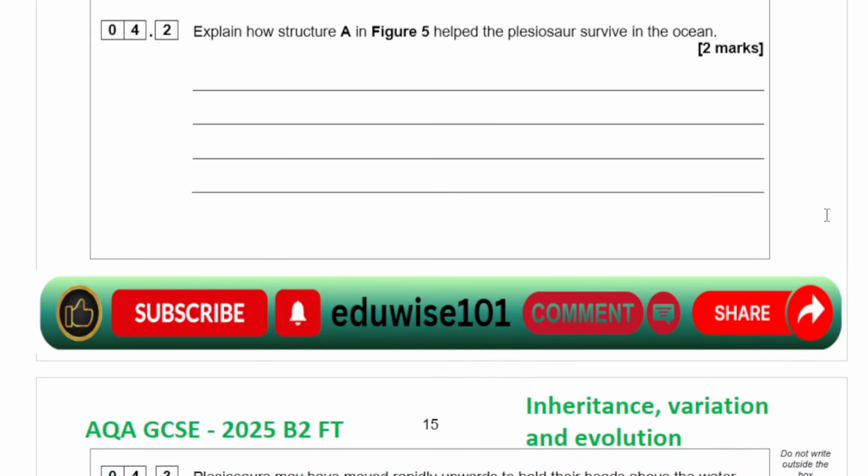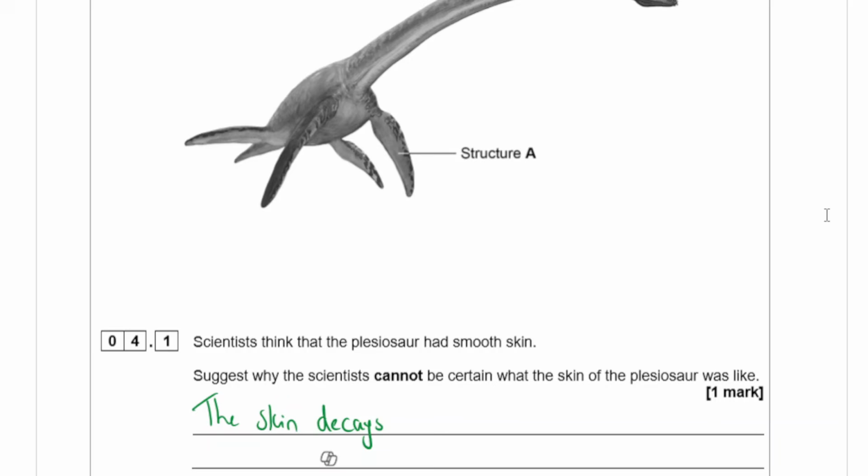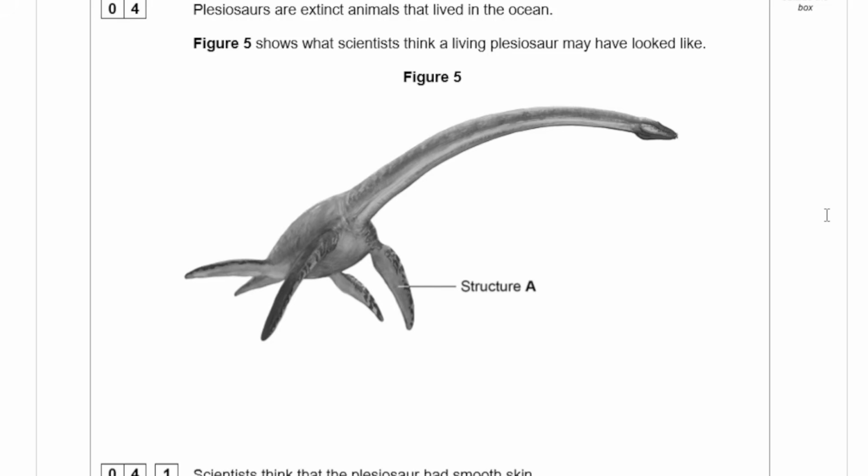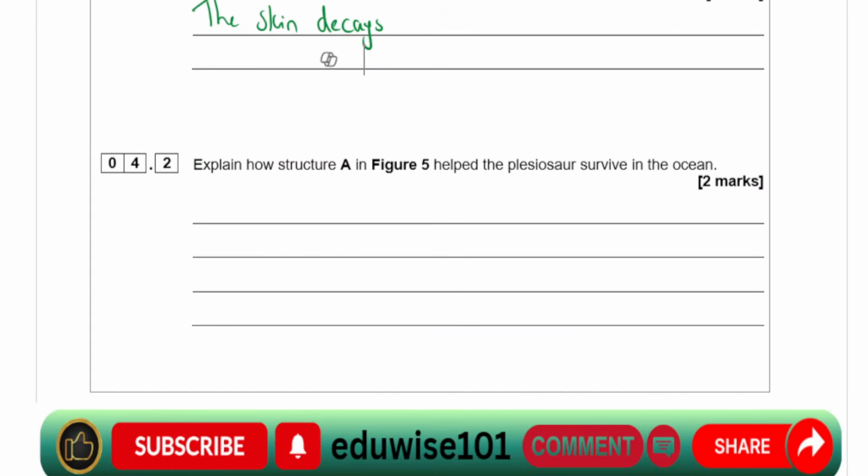Explain how structure A in figure 5 helped the paleosaur survive in the ocean. What is structure A? Those look like fins on a turtle, right? So if you actually cut off the neck in this and actually add a small head, that will look more like a turtle. So explain how. The flipper rather than fins, isn't it?